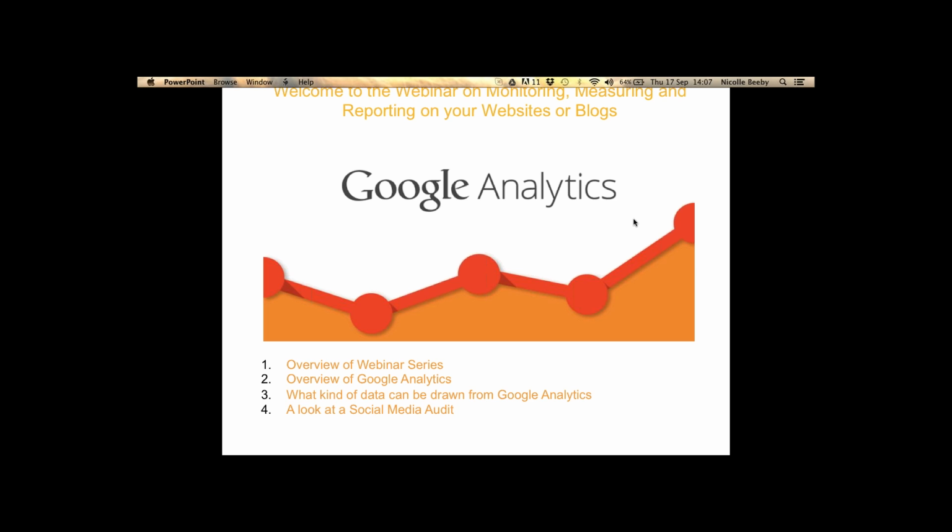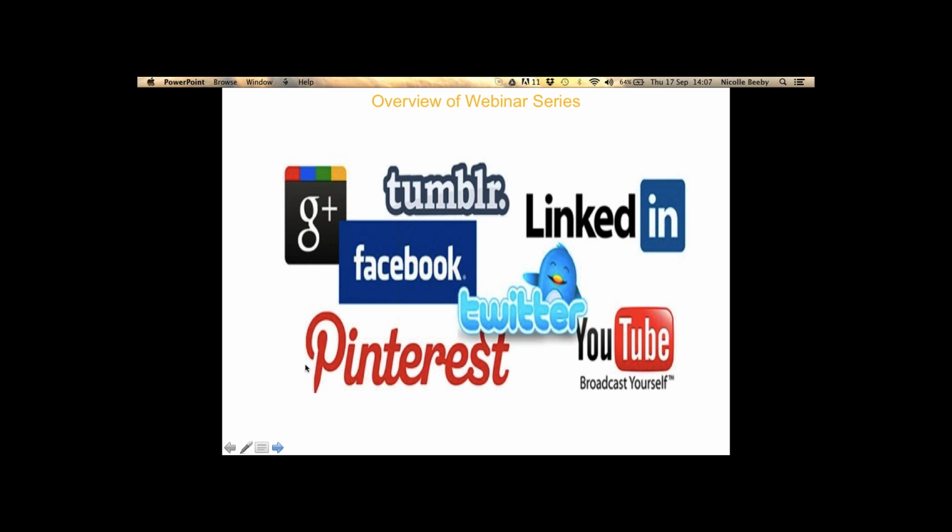Today, as I mentioned, we will be looking at Google Analytics. However, we will start off by doing an overview of our webinar series and then going into Google Analytics, the kind of data that can be drawn from Google Analytics, a look at a social media audit, and a view of a social media content calendar or schedule.